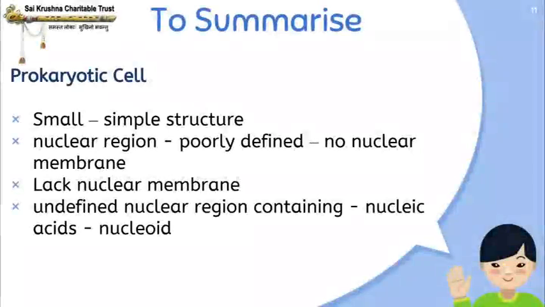Let us summarize what we have learnt in this video. First, we learnt about prokaryotic cells. We learned that they are small and they have a simple structure. The nuclear region is poorly defined. There is no nuclear membrane. Hence, the nuclear region is poorly defined.